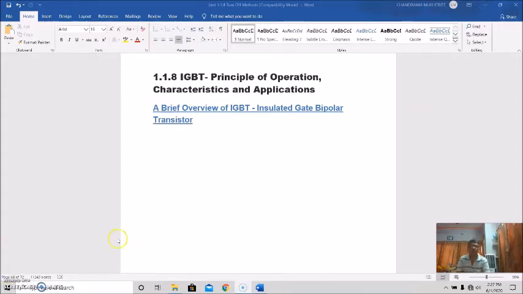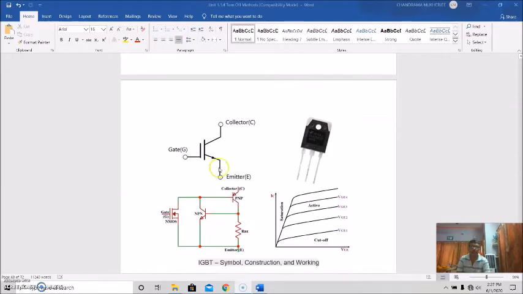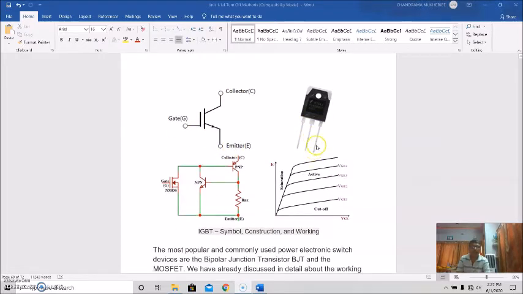First of all, we show you a brief overview of this IGBT. This is the symbol: collector, this is gate, and this is emitter. This is the practically available IGBT, how it looks.